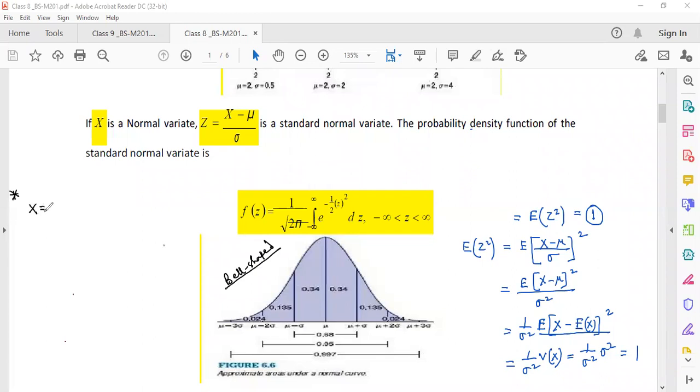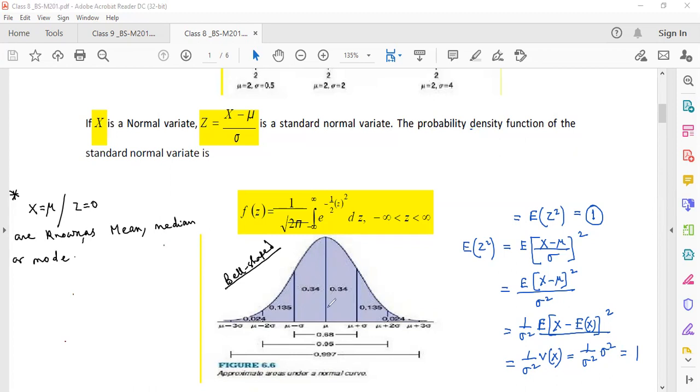x equal to mu, or z equal to 0, these points are known as mean, median, or mode of the normal curve. Why? It is mean because by definition it is mean.